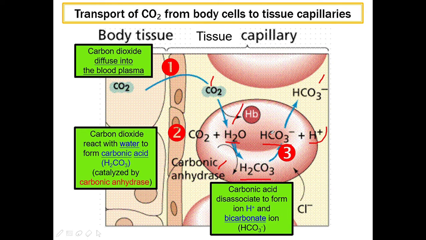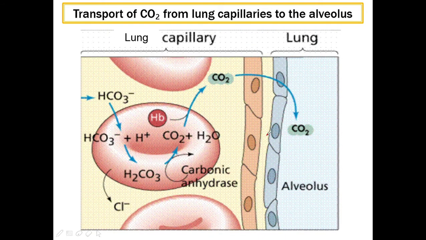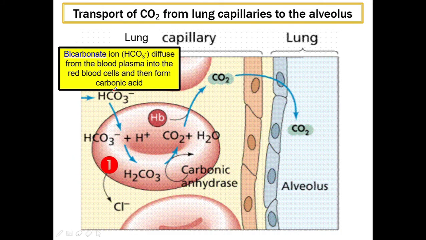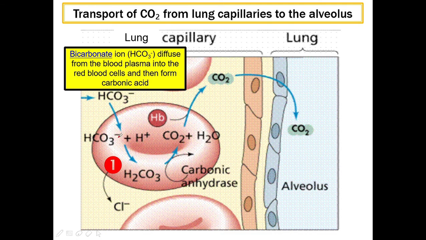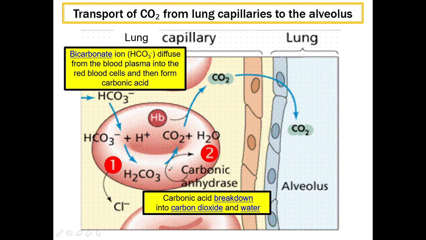Okay. So once the blood reaches the lung, the reverse process happens. The bicarbonate ion in the blood plasma diffuses back into the red blood cell. The bicarbonate ion then combines again with the hydrogen ion to form carbonic acid. So carbonic acid then breaks down into carbon dioxide and water.